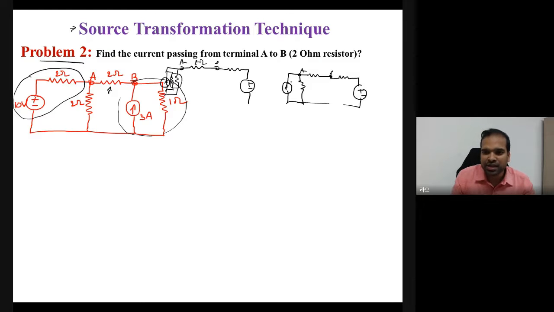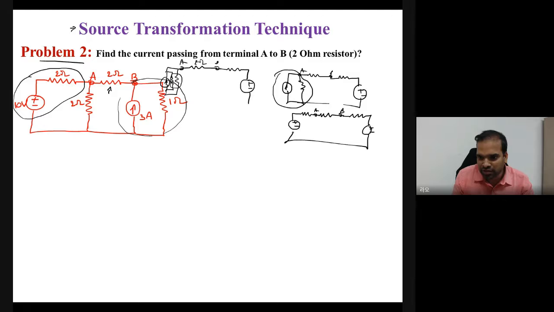Now this particular resistor is connected in parallel with the current source, so once again you can transform from current source to voltage source. Finally you will have a voltage source with one resistor, this is your terminal A and B, and here you have another resistance and voltage source. This is your final circuit after applying the source transformation technique.